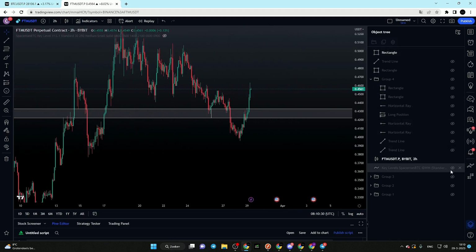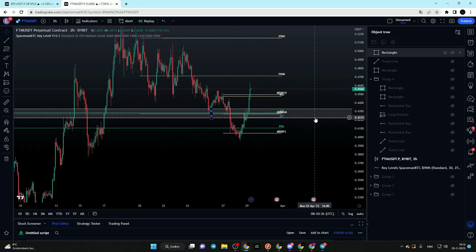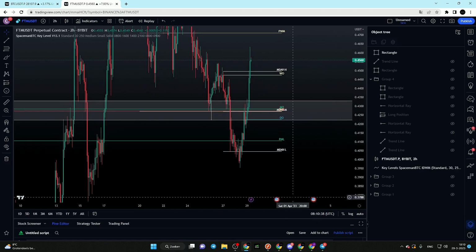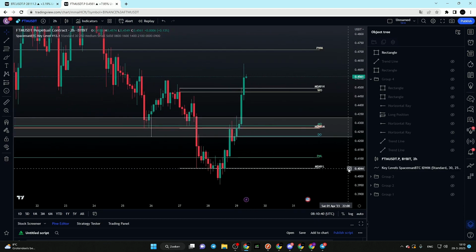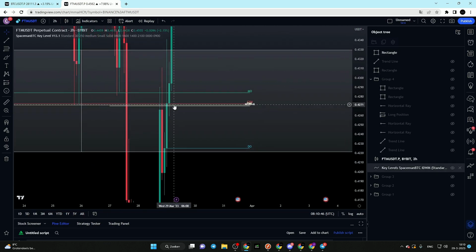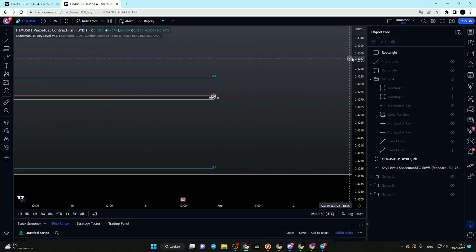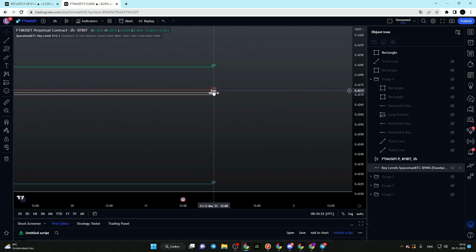On top of that, if we switch on our key levels, we can see at the exact same area we have some massive amounts of key levels. If we zoom into the current Phantom price, we can see that we have our monthly open, we have our daily open, which are two key areas that you don't want to lose in order to keep the momentum going towards the upside. We have our previous week low, and we have our CYM.